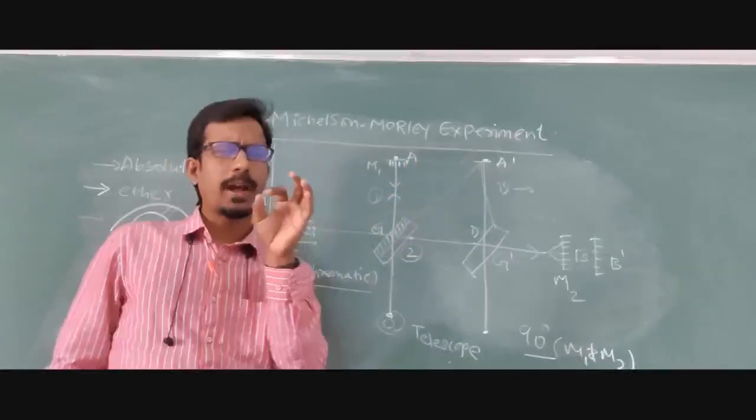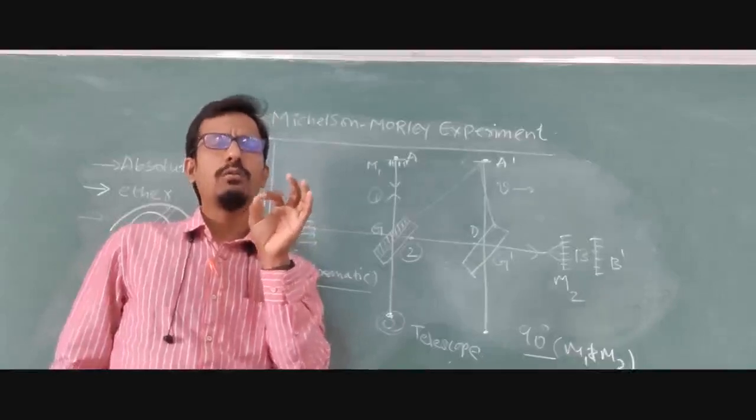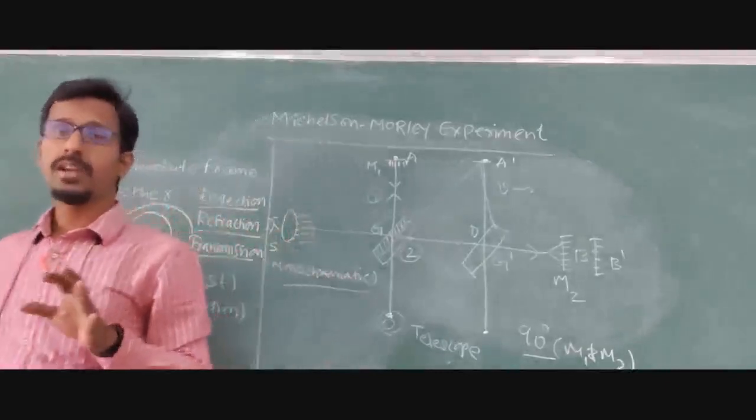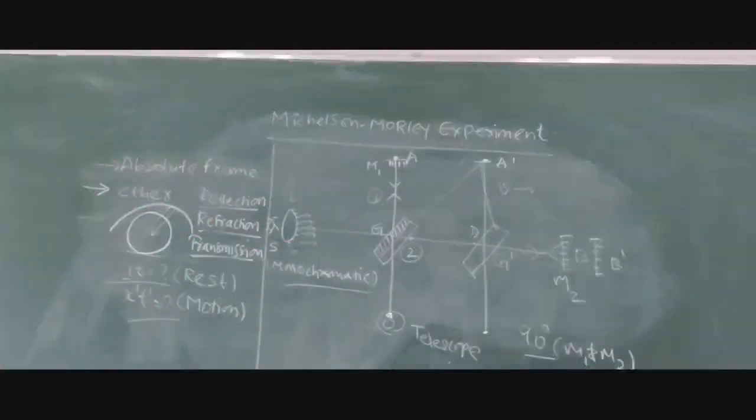We are getting a very, very minor value, 0.001, very little. So this became the conclusion: the experiment failed to explain the velocity of light and the path difference. Due to that, we are not able to get the exact difference. Understood?